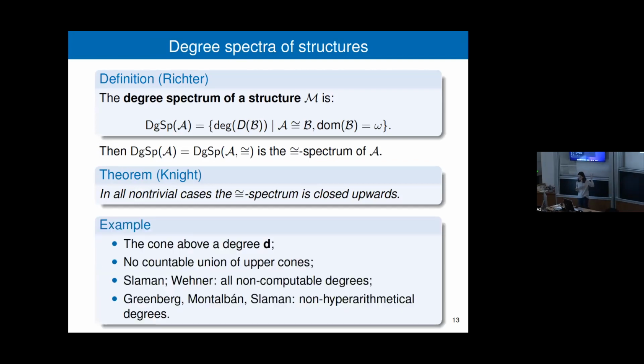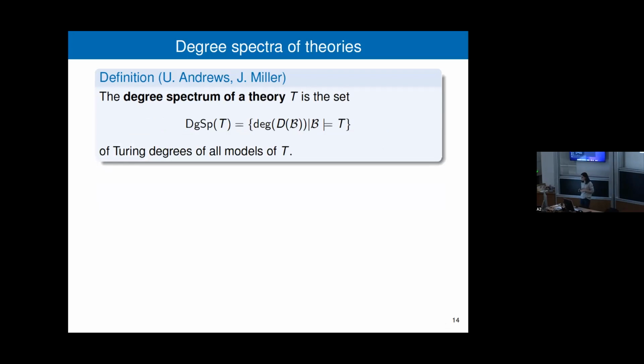Here I list some of the known examples. Cones: all the non-computable degrees, all the non-hyperarithmetical degrees are degree spectra of structures with respect to isomorphism. But no countable union of upper cones can be realized as such a degree spectrum.